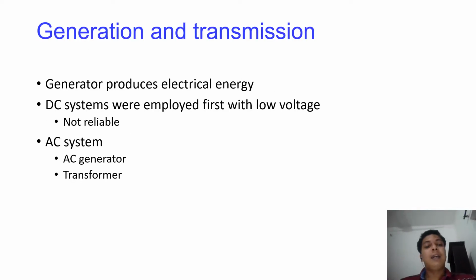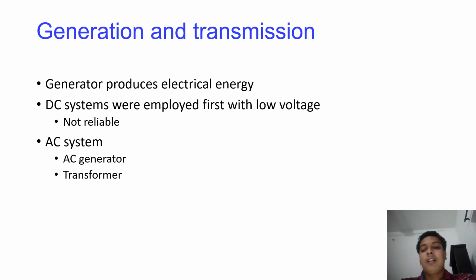About generation and transmission, as we know, electrical energy is the one form of energy which is reliable compared to any other form, which can be transferred from one place to another without much loss of power. That is the most important thing.